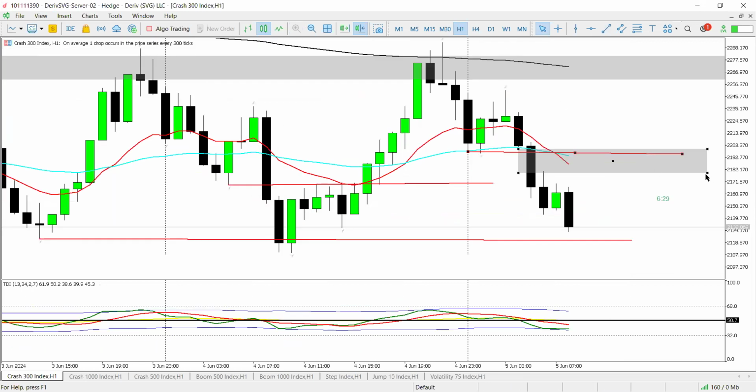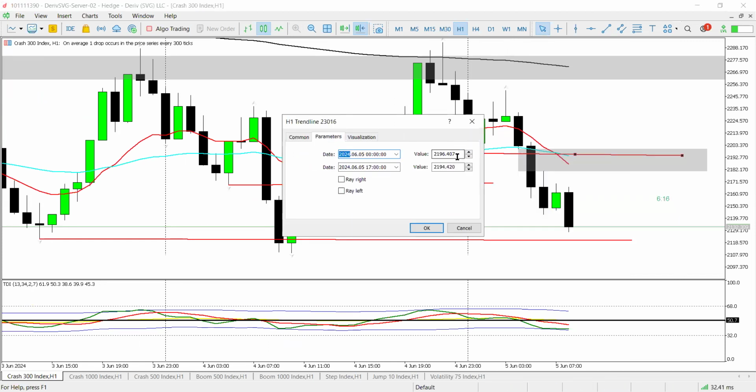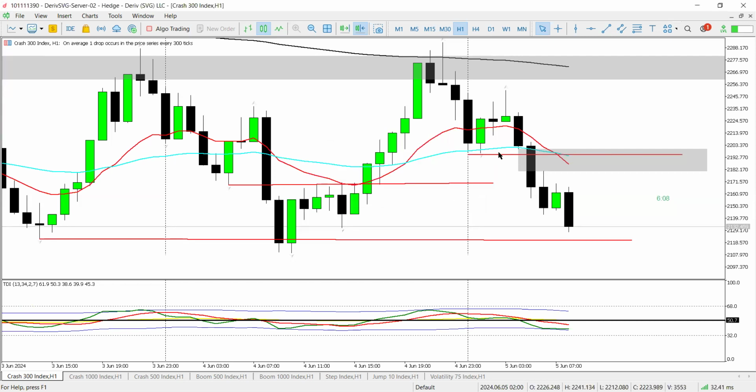So if we just zoom in so that we can all see, that's the fair value gap. This is the broken structure there. 21.95, 21.95. That's the broken structure. So that right there is a possible sell limit if price decides to retrace.